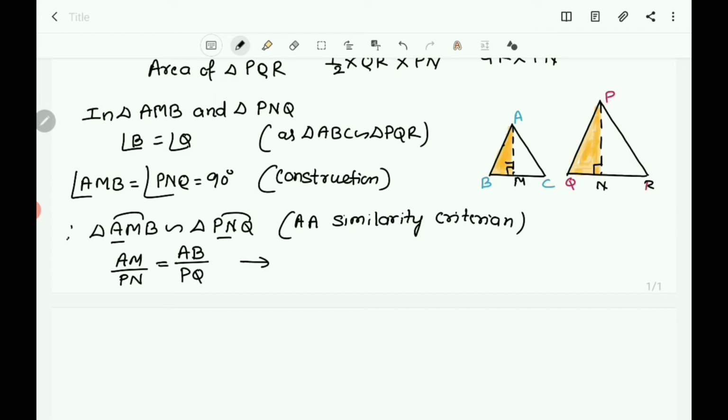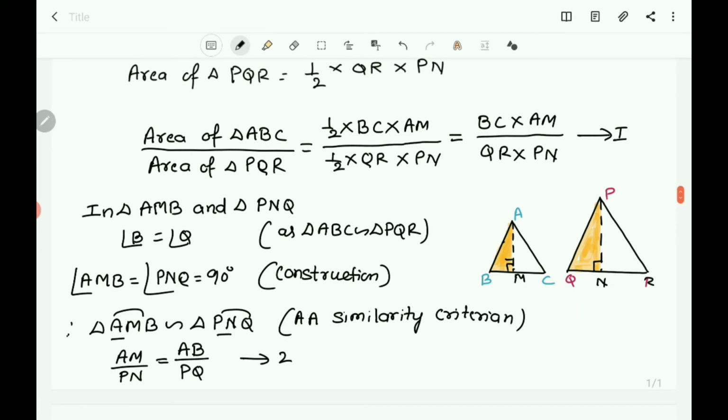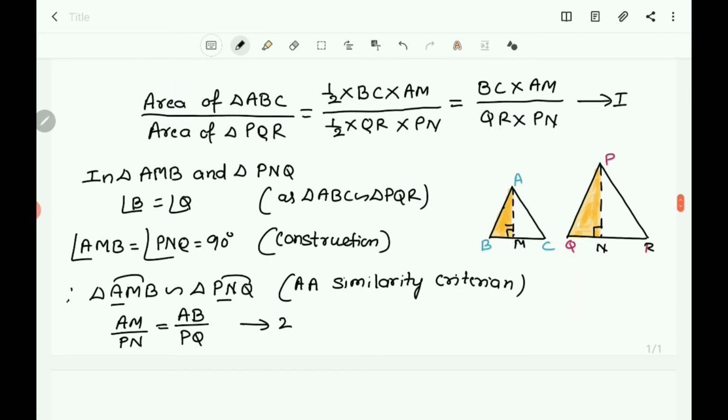So consider this the second, and what you have taken before is the first.